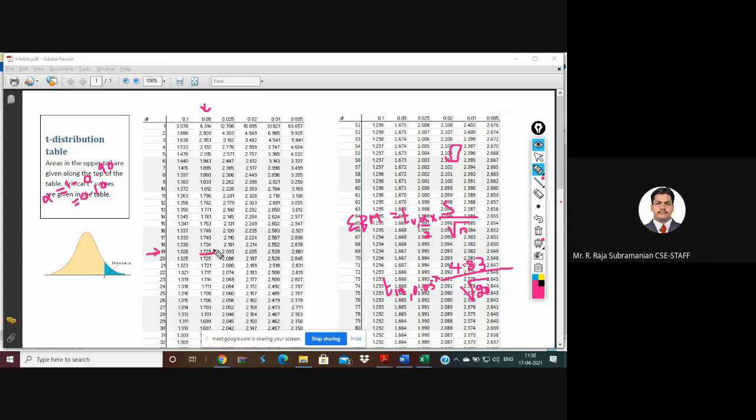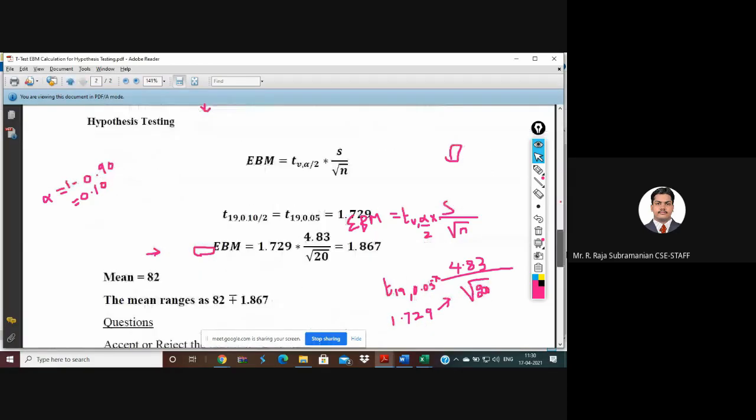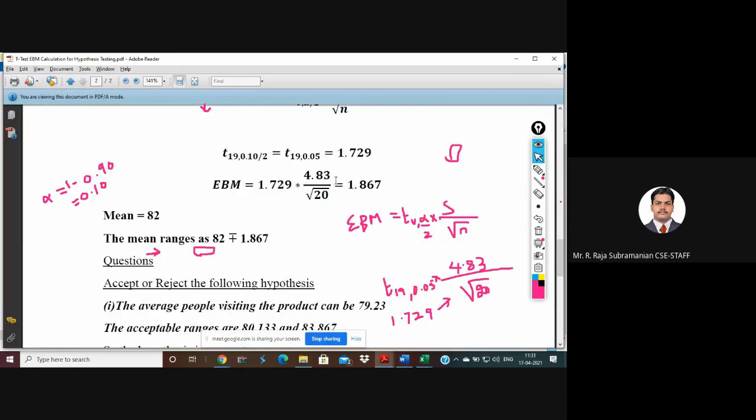This value. 1.729 into 4.83 divided by root 20. For the total calculation you can use the calculator. So we have 1.867. So I can ask for the error around the mean, or the question may be whether 79 is in the error bound or not.